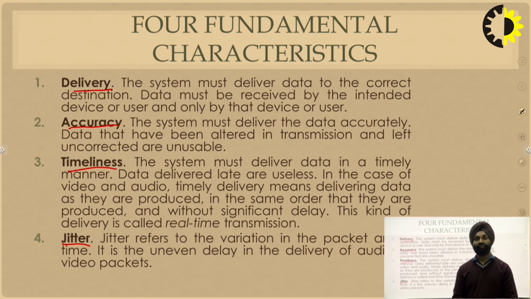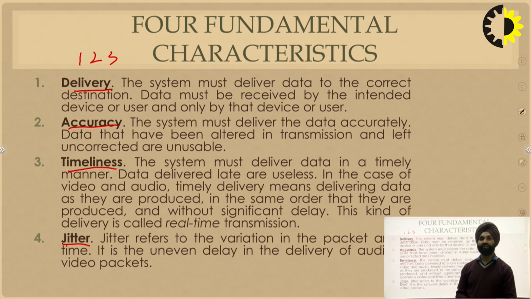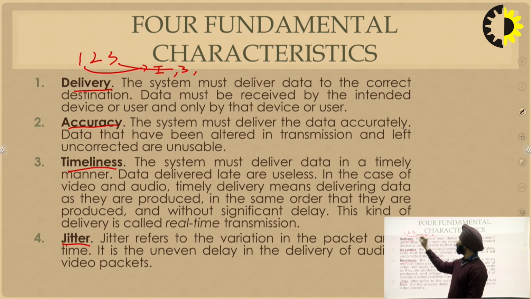Then is jitter, which is again part of timeliness, but jitter concerns the accuracy of the delivery of the data packets or bits. If I am transmitting 1, 2, 3, which can be data, a packet number, or a sequence number, and there is an uneven delay between these different packets, then at the destination 1 may reach first, then 3, then 2, due to the uneven delay.